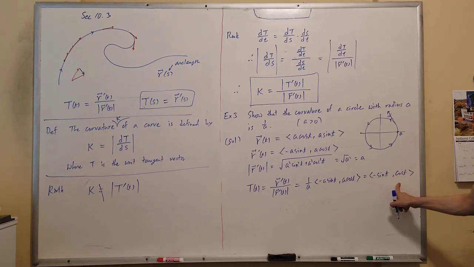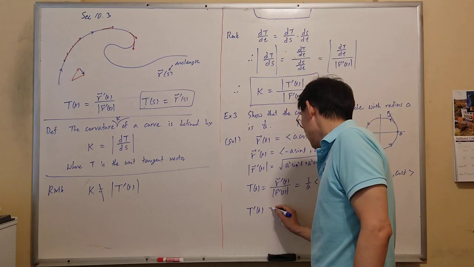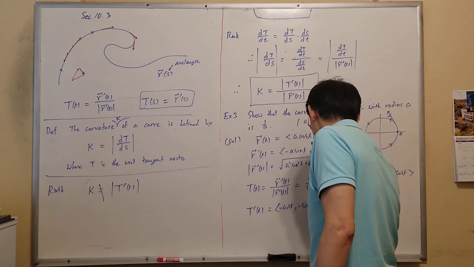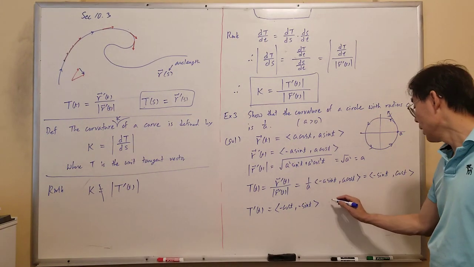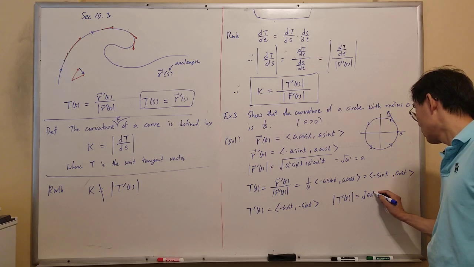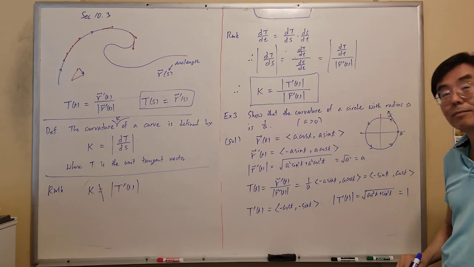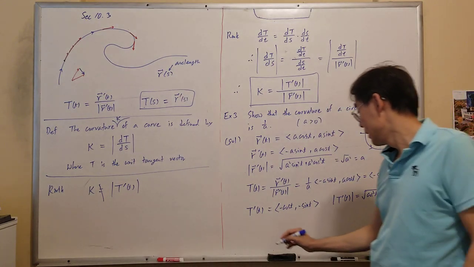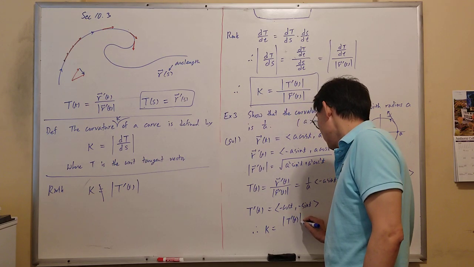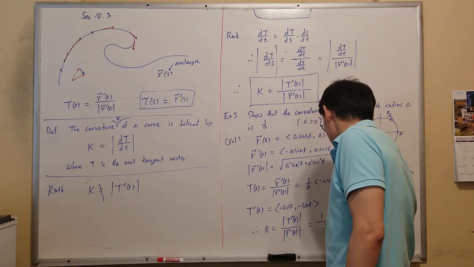That's the unit tangent vector. Now finally, T prime of t equals minus cosine t, minus sine t. Alright? The magnitude of this is the square root of cosine squared t plus sine squared t. So square root of 1, so 1. Therefore, the curvature, which is the magnitude of T prime of t over the magnitude of r prime of t, is 1 over a.